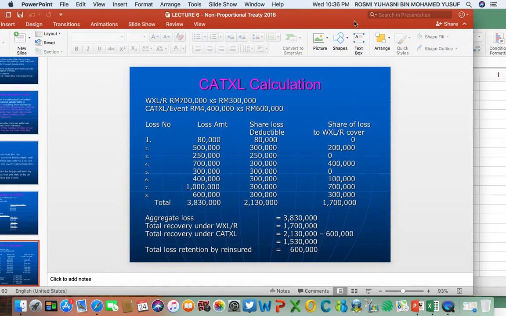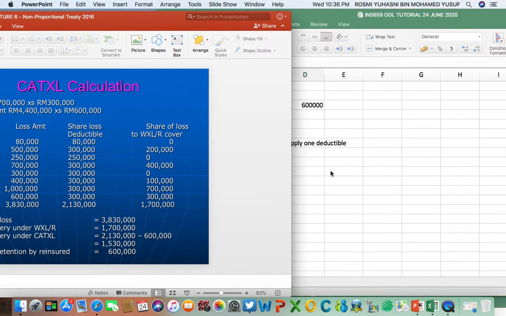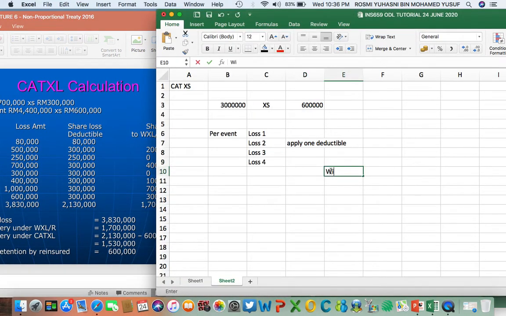So at the end of the day, without CAT, the total net loss retained here is 2130. With CAT, after recovery from CAT reinsurer, the total net loss retained by the insurer is only 600,000, which is down from 2130 down to 600,000.